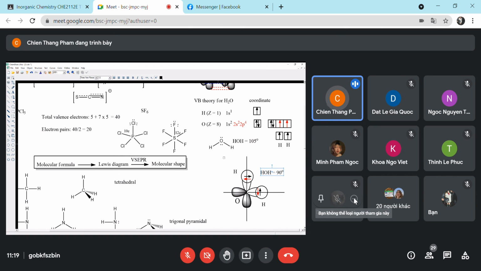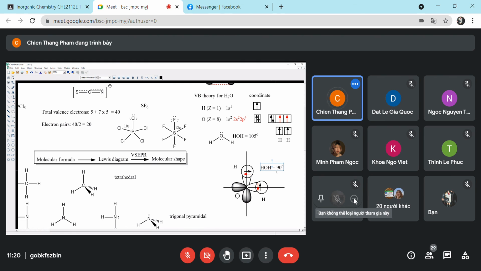If you want to use the VB theory to describe the bond formation for molecules with more than 2 atoms, you must use the VB theory and the hybridization scheme. So please remember that this one is 90 degrees.